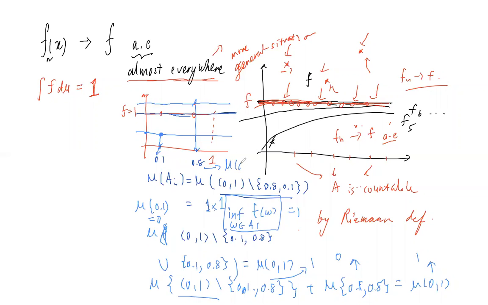The measure of 0.8 is 0. So these two points contribute nothing to the integral. Therefore, for the area under the curve, you don't need to be bothered by these holes, because they have zero measure.